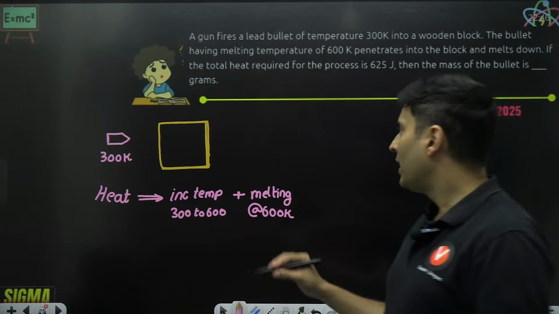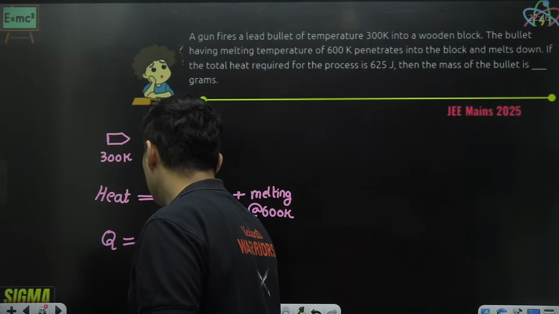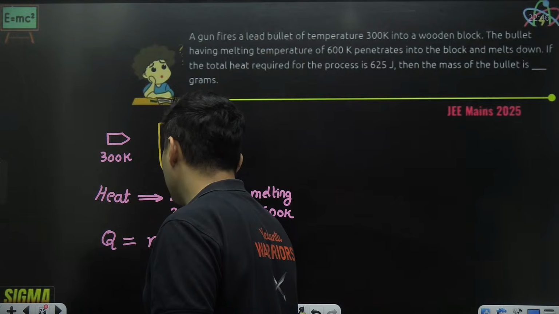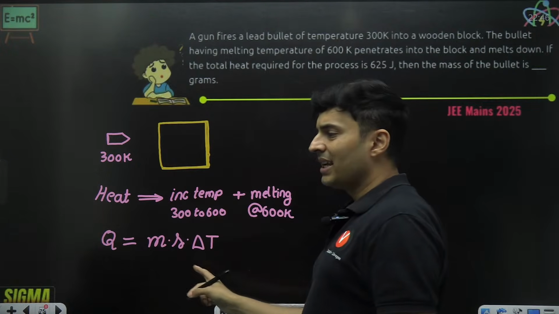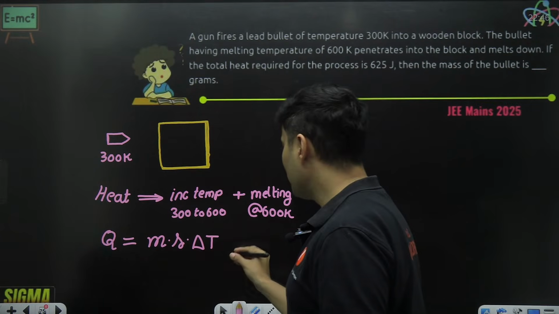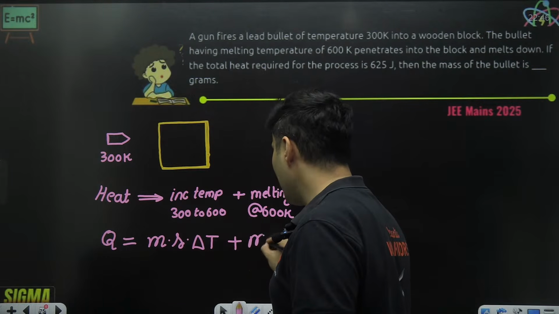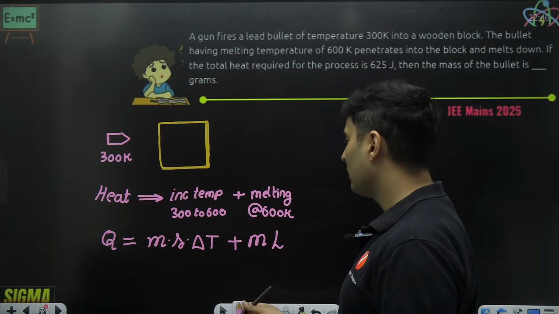So therefore, I will say that my heat is mass of the bullet into specific heat capacity into delta T, because that's the formula for heat when you change the temperature for a solid or a liquid or a gas. But once you change the phase, then the heat formula is M into L. Is that right? Great.